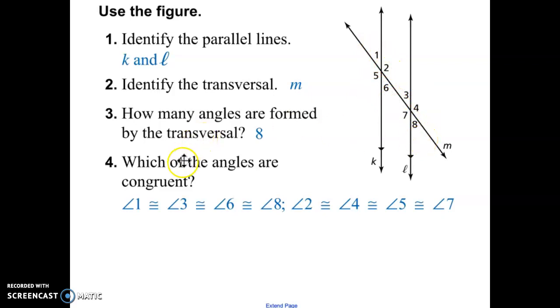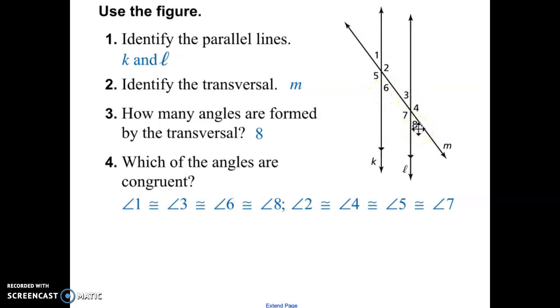All right. And then which angles are congruent? Now congruent, we've used that word a little bit, and I've got a slide for that coming up, but congruent is a nice word to say that they're equal to each other. So congruent means equal to. So which angles are congruent? Angle 1 and angle 3 are congruent, and 1 and 6 are congruent, and 3 and 8.